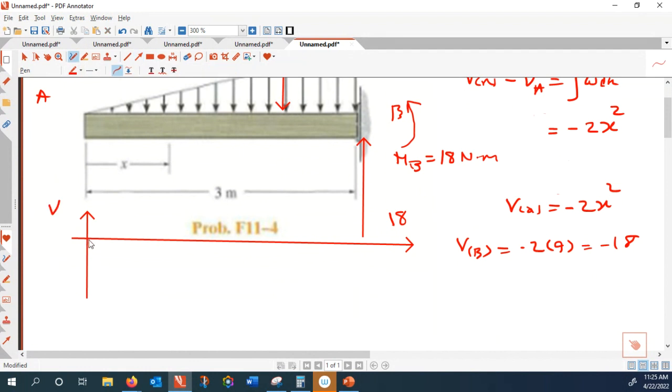The parabola starts at 0 and it ends at minus 18. And then these reactions again bring that back to 0.